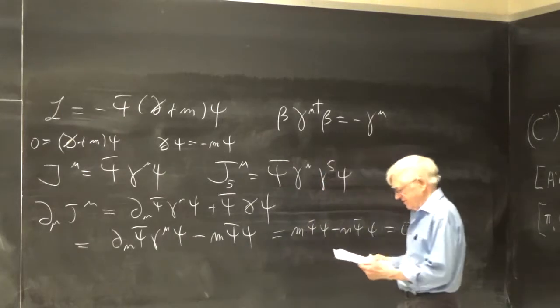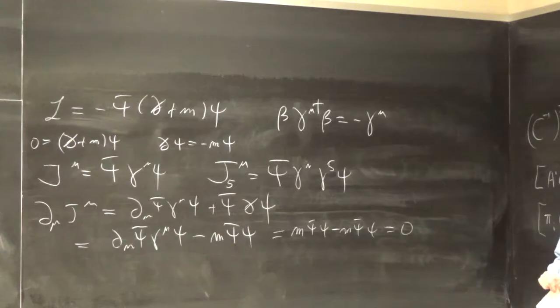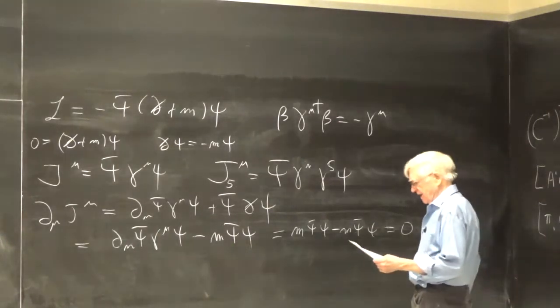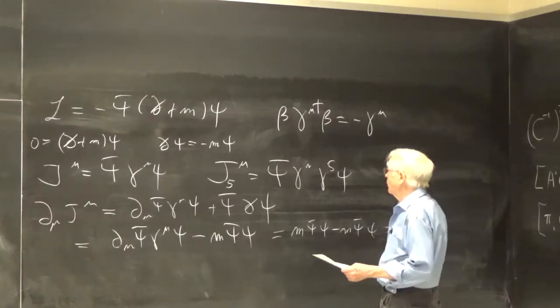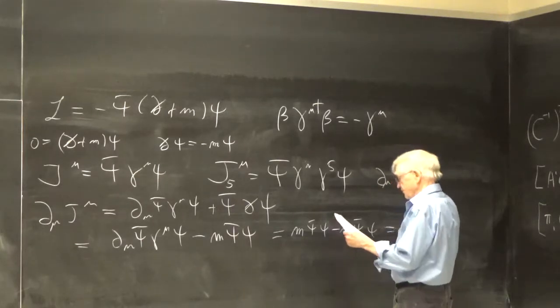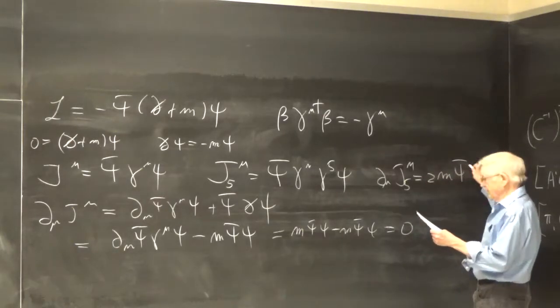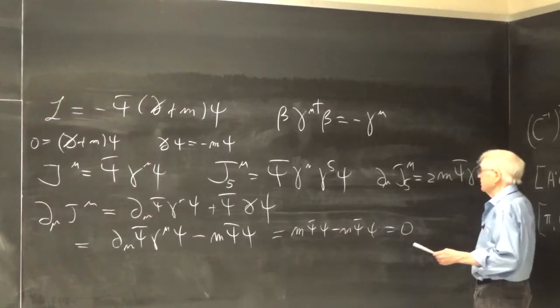Remember, gamma 5 is used with everything. It's like a fifth gamma, and gamma 5 squared is 1. It's like a fourth spatial gamma. And what you can show is that d mu J5 mu is 2m psi bar gamma 5 psi, which of course is not equal to 0.